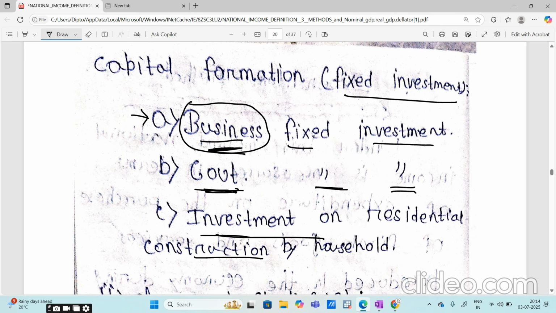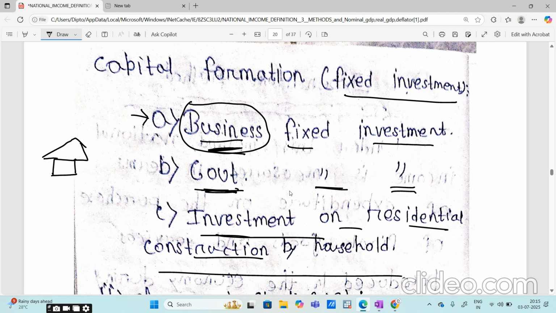And then there is investment on residential construction by the household. I am basically a part of a household. Suppose for my residential living, just to live, I am making a house. That house will be constructed, right?